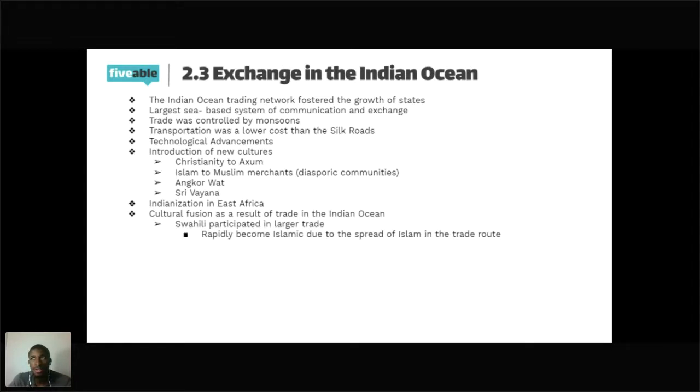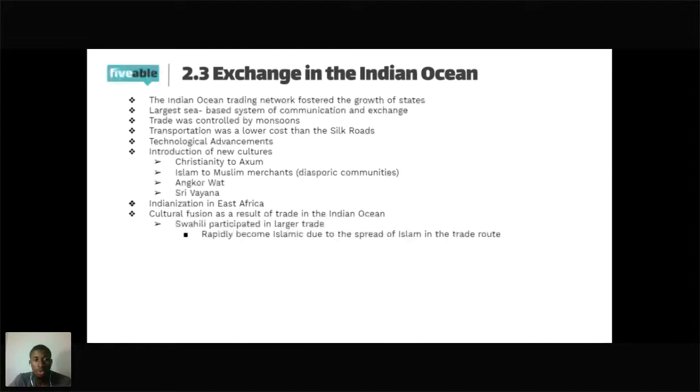It's very important when it comes to studying this aspect of exchange, as it fostered building and economic growth along this trade route.